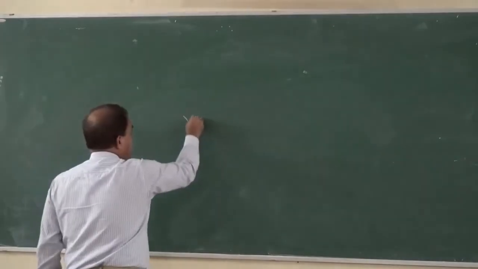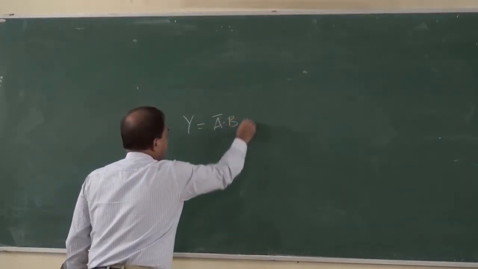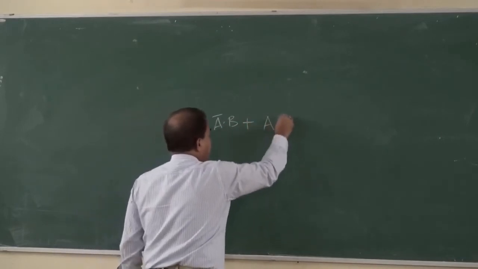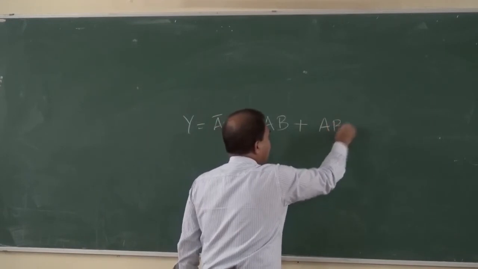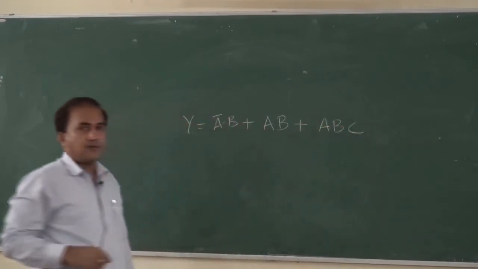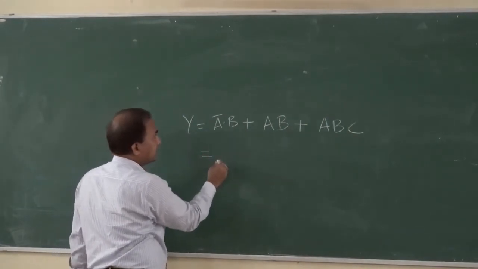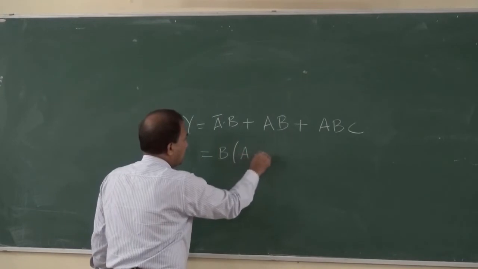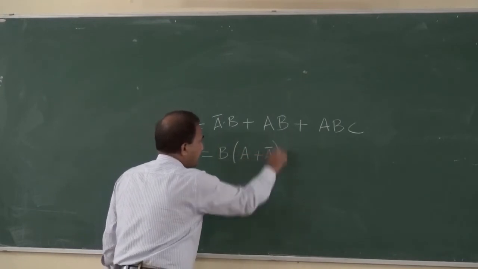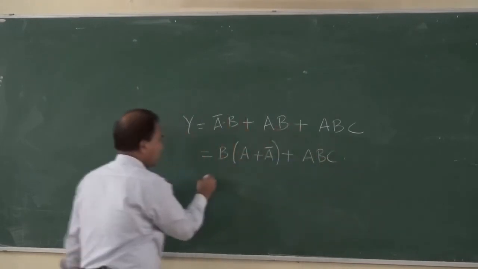Y is equal to A dash B plus AB plus ABC. Suppose we have written this, then how can you reduce it? It is B into A plus A dash, plus ABC.